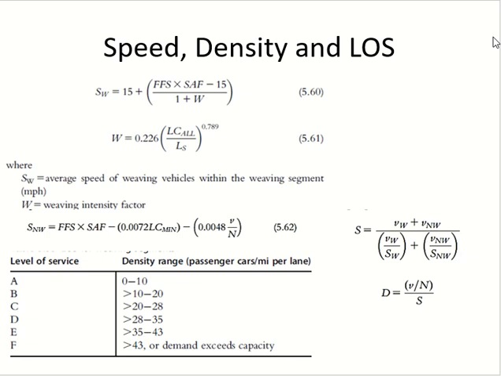Small v. Which flow? Total. So this plus this will be total V. And N, as I said, total number of lanes, including the extra one with the ramp and everything. Rest of the factors are all the same.